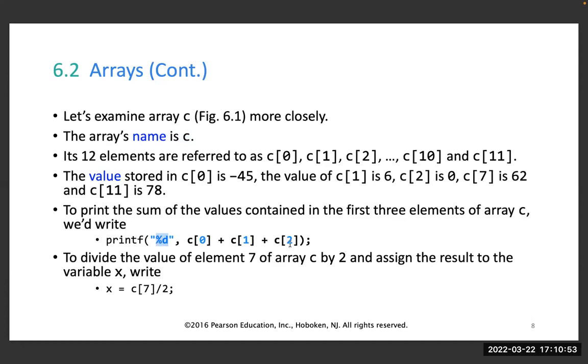C0 plus C1 plus C2 just adds the first 3 elements together. We can also do other mathematical operations, for example x equals C7 over 2, which is actually an integer division.